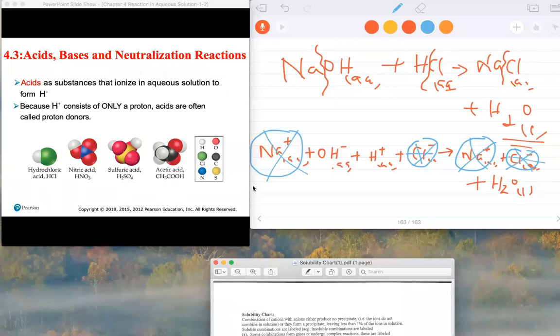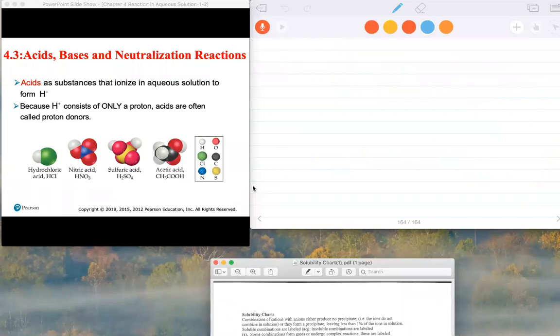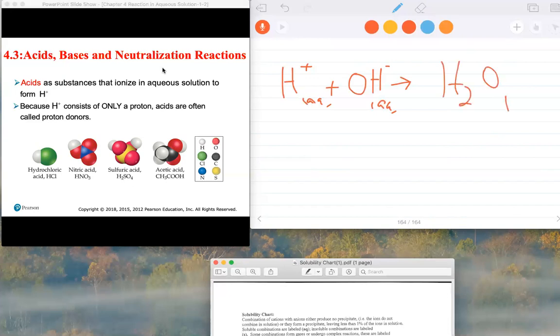And if you look at the net ionic equation for acid-base neutralization, in the example I just gave you, it will be hydrogen ion, aqueous, plus hydroxide ion, aqueous, to produce H2O, which is liquid. This is the net ionic equation.